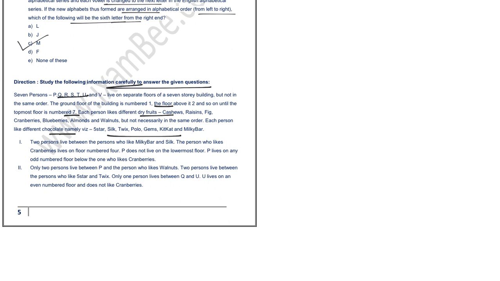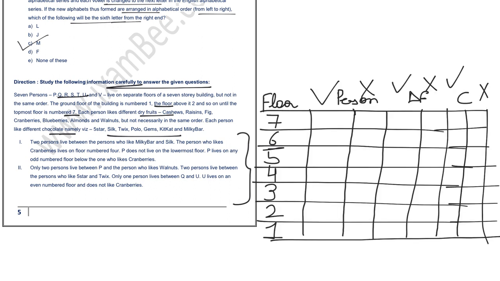Names are given to you, but not necessarily in the same order. Now you have to read these conditions and try to solve this particular puzzle. And I have drawn a table for your ease and convenience so that you can read the information and place the person or the chocolate names in this particular table.